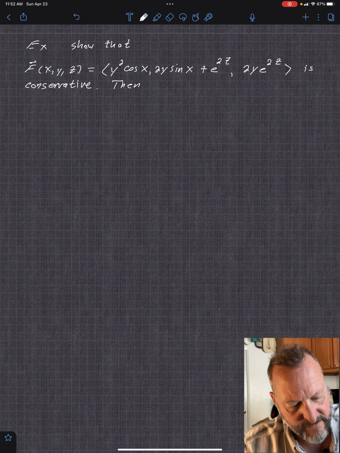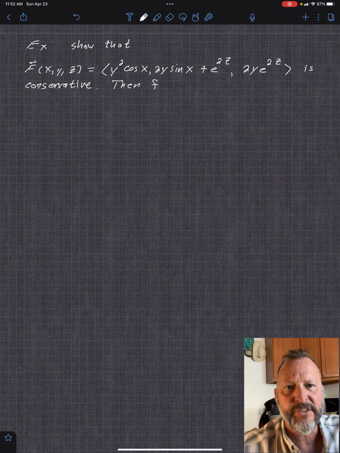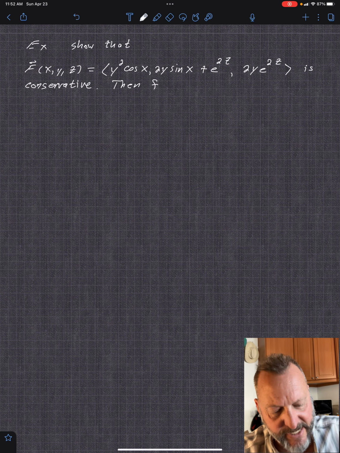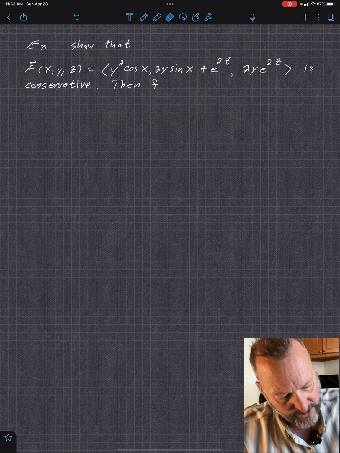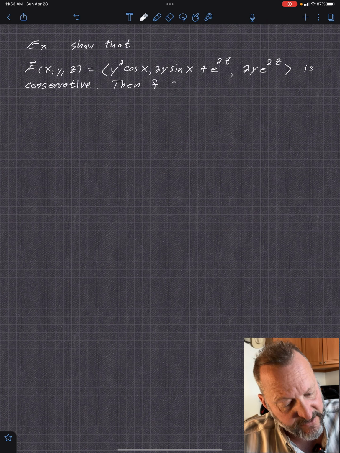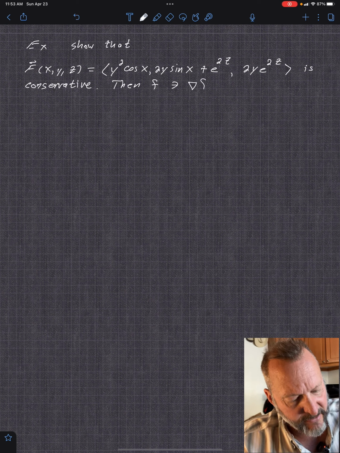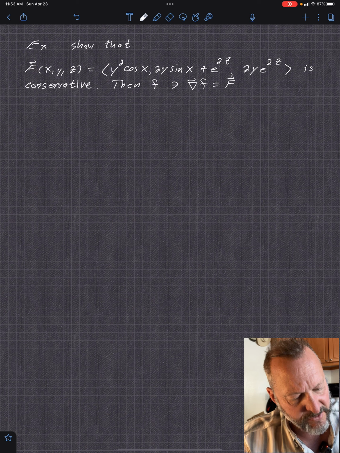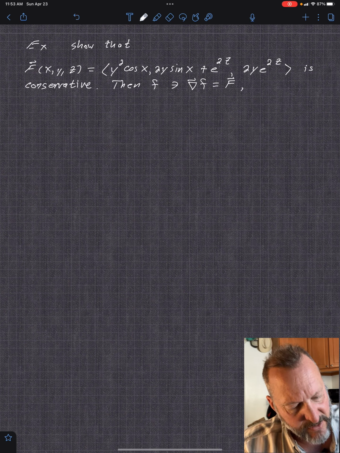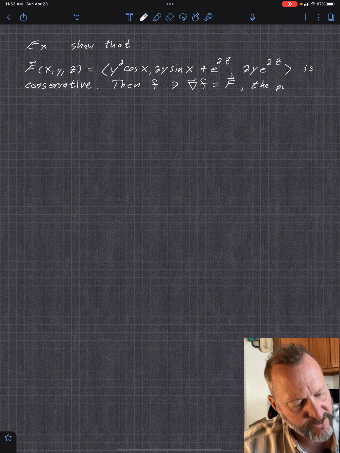Then find the potential function, and I'll write it out how you'd say it. Find f such that del f equals capital F. I'll put in the vector forms. And that is the potential function.